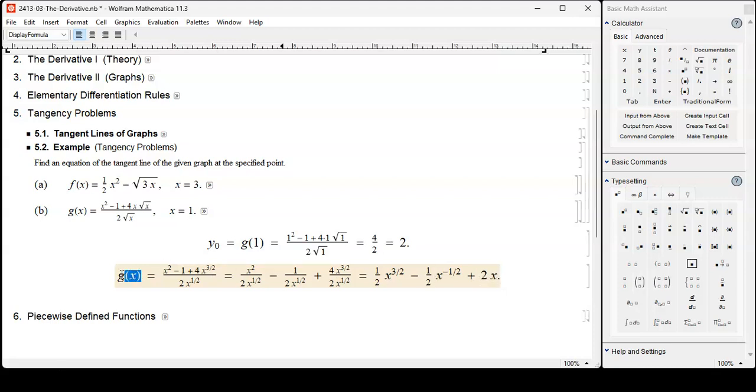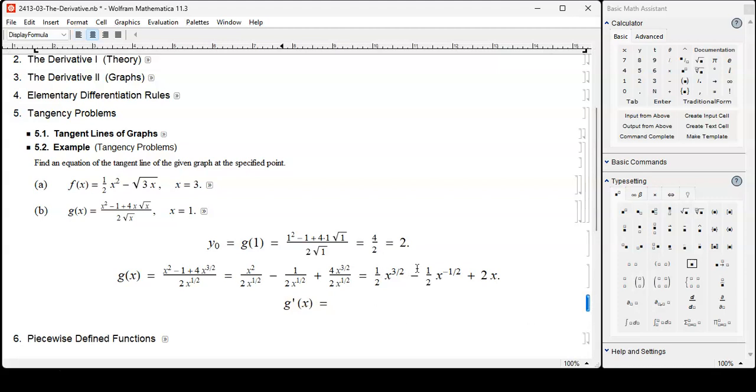This thing is equal to g of x. G prime of x, on the other hand, we are just starting. So multiply 3/2 times 1/2.